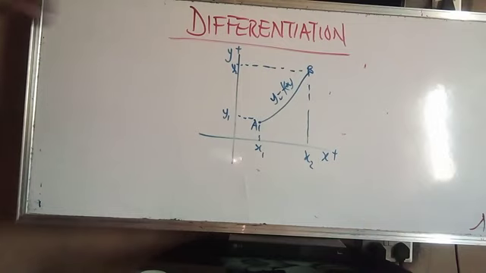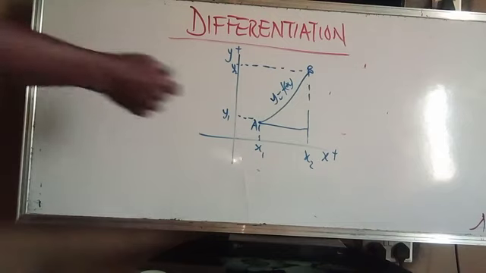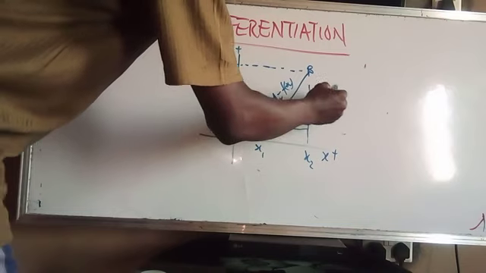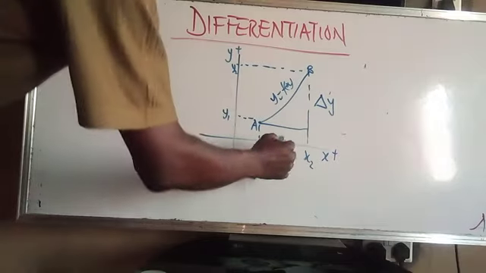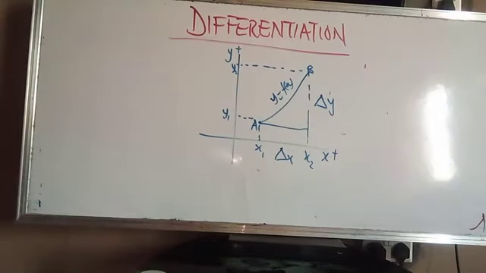So you observe clearly that there is a change between y1 and y2. That is delta y, the change in y. Likewise, we have a change of x between x2 and x1.